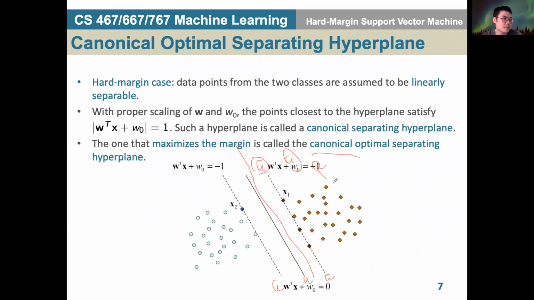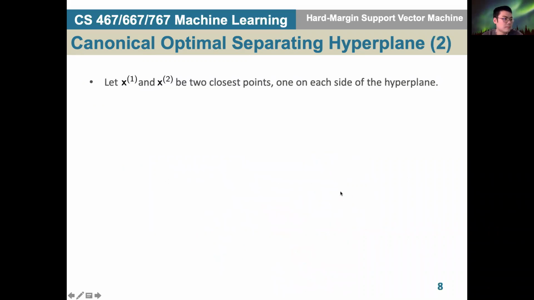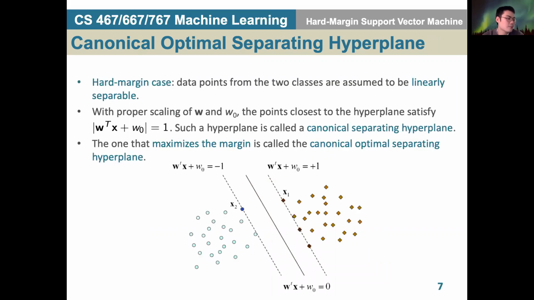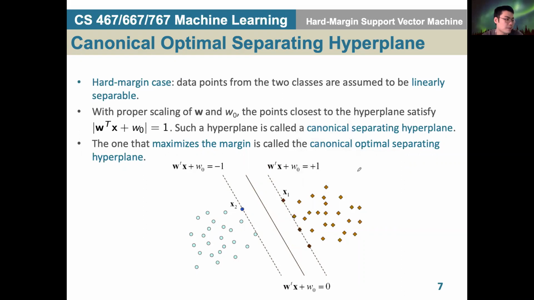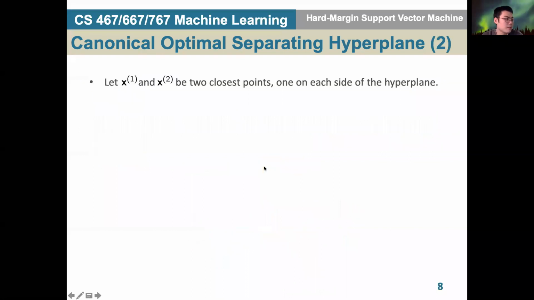So basically we set this to 1. Now let's look at the next question: assume we already normalized this W vector and W0. How can we represent this margin as a function of these weights? This is what we are talking about in the next slide.